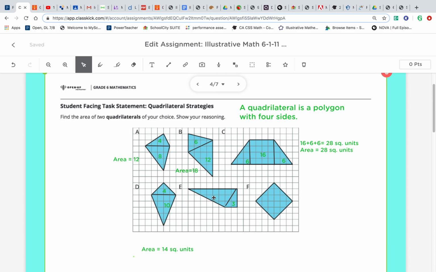And then for the bigger one, this we don't want to use. This one we're not going to want to use because it's very tricky. So this has to be our base, as it's easy to count here. So 1, 2, 3, 4, 5, 6, 7, 8 is the base, and then the height has to be a perpendicular line from this base to the opposite vertices.